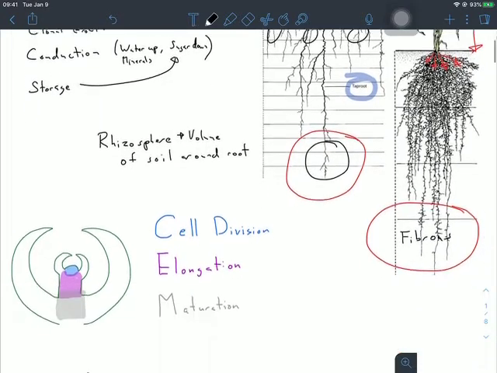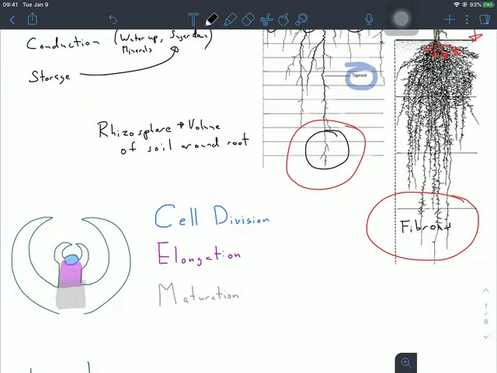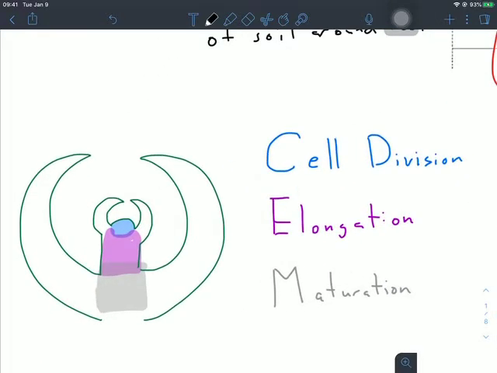So again, we want to connect our discussion of the root apical meristem, which is where we're going next, to our discussion of the shoot apical meristem. As a reminder, in both the root and the shoot, we always have a region of cell division somewhere near the tip. In the case of our tunica corpus model of the SAM, you've got cell division occurring at the very growing tip.